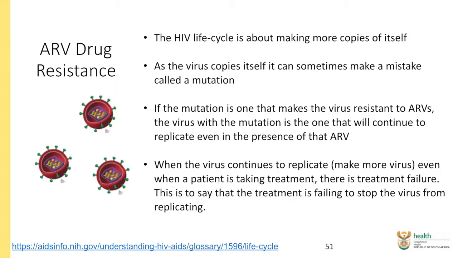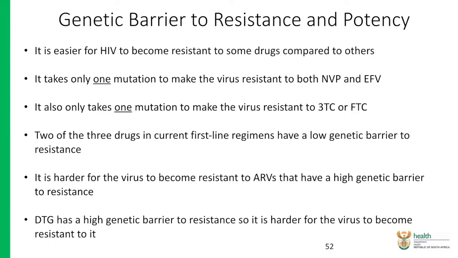So each new little HIV virus that comes out, if it has a mistake, it is a mutant virus. Now, some of those mutant viruses might be resistant to the ARVs. So if we allow HIV to keep replicating and making lots of mutant viruses, that's when you can develop resistance. So the genetic barrier to resistance, I mentioned this earlier and said I'd elaborate on it.